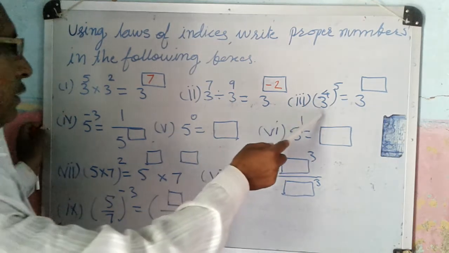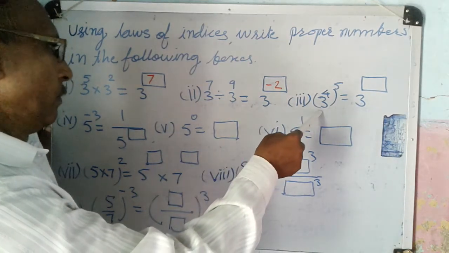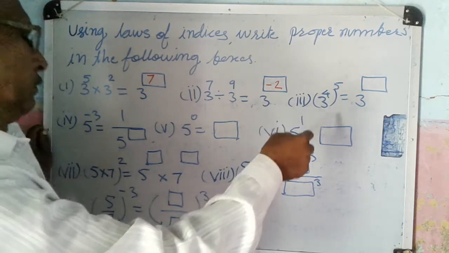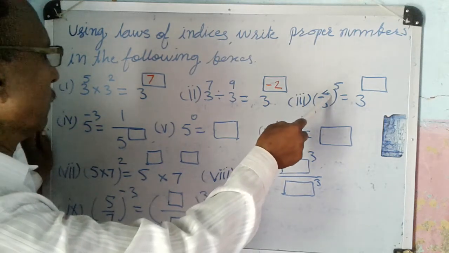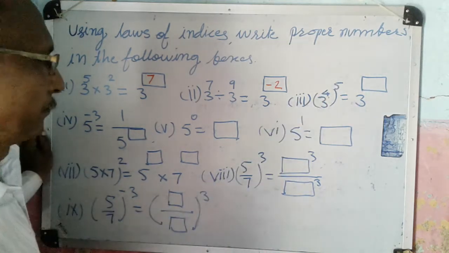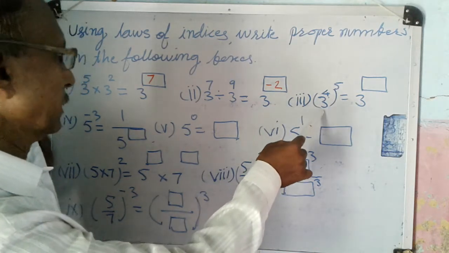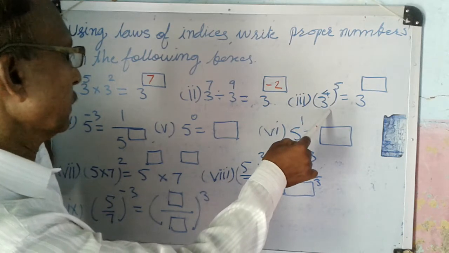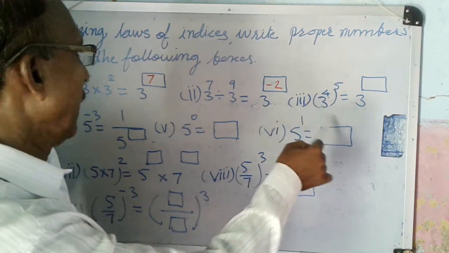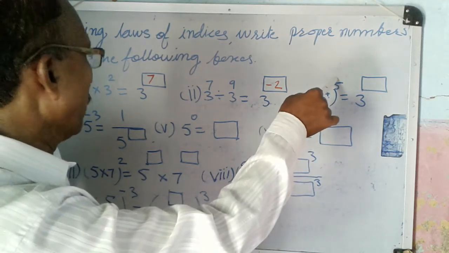Now here is 3 raised to 4, bracket raised to 5. That means here 3 raised to 4 is a number in index form and we take its fifth power.